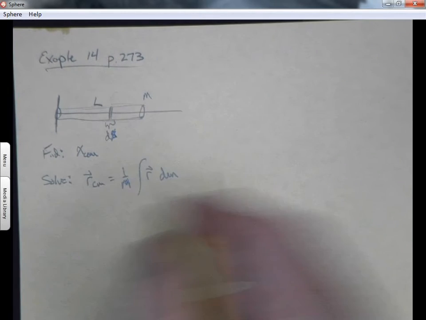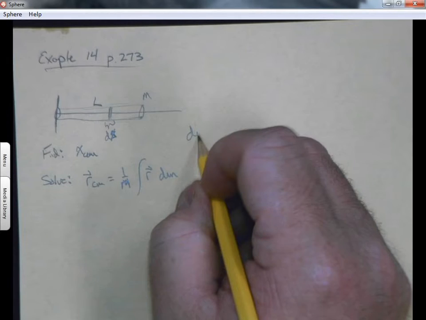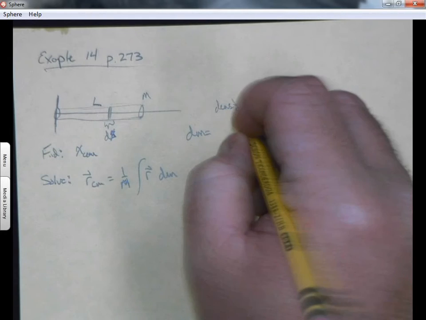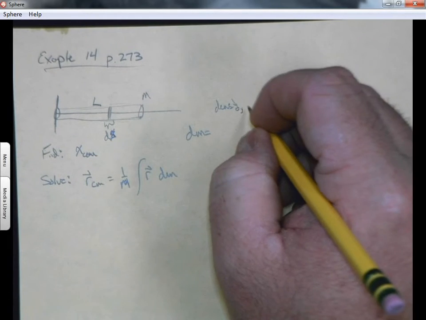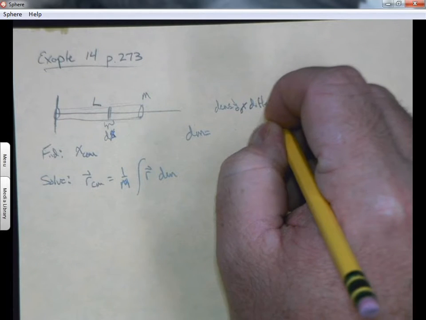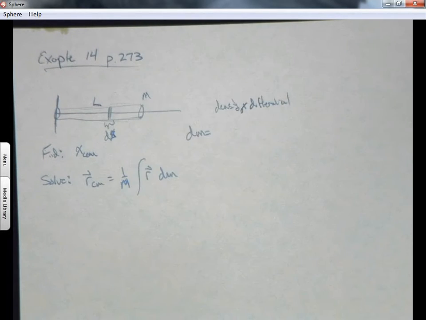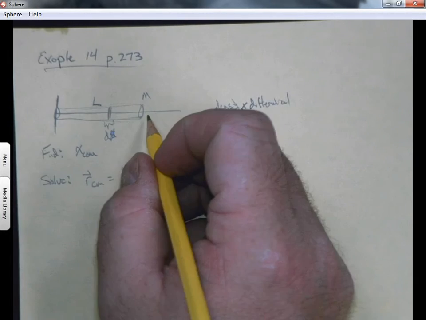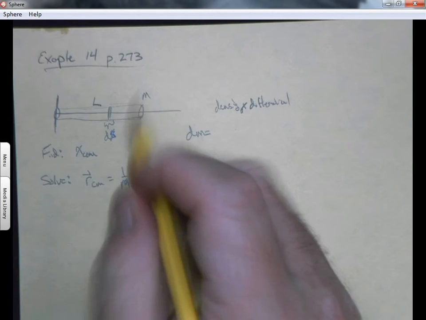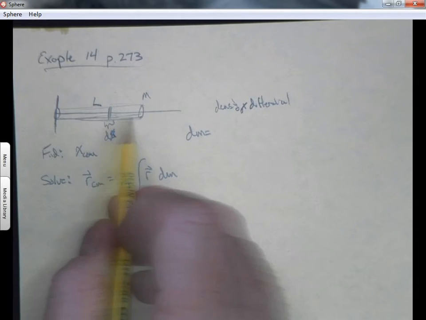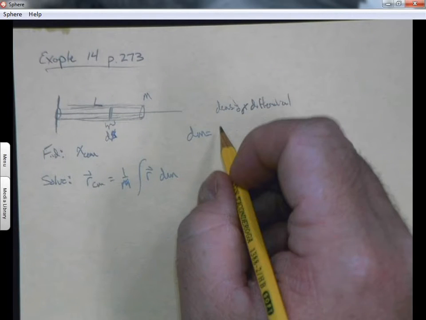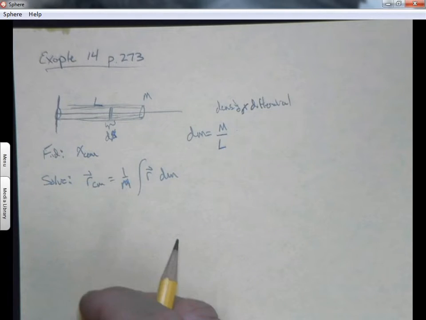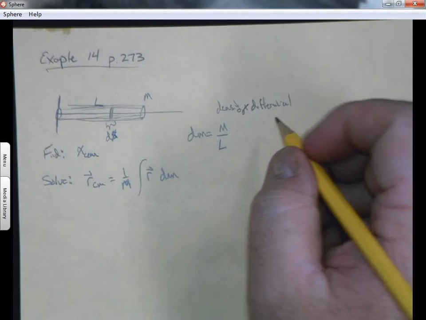But in this case, our dm is going to equal our density times our differential. Our density is uniform as we go along. It's going to be our total mass over our length, and that's our lambda, right?